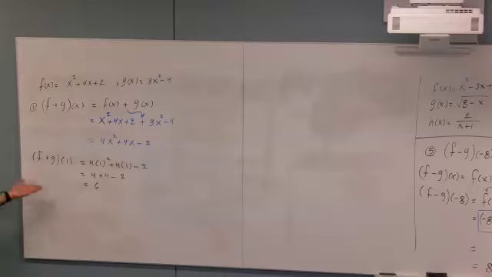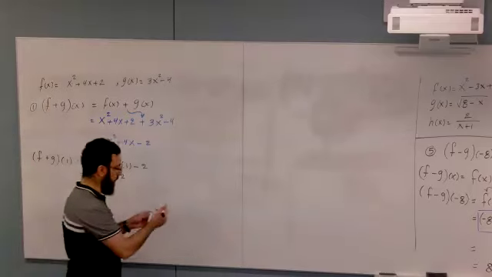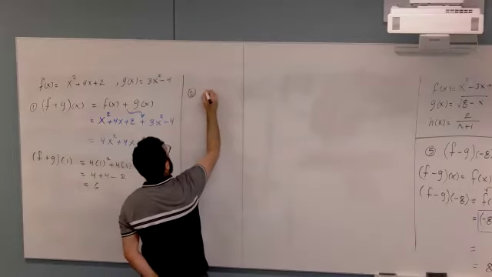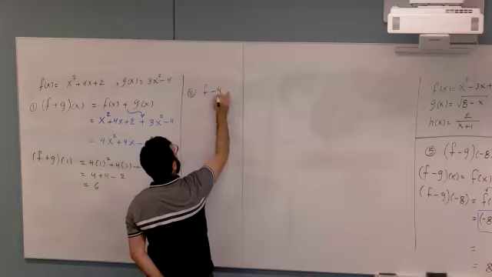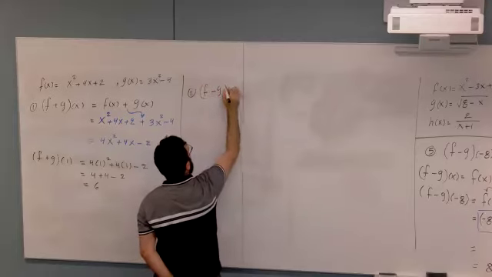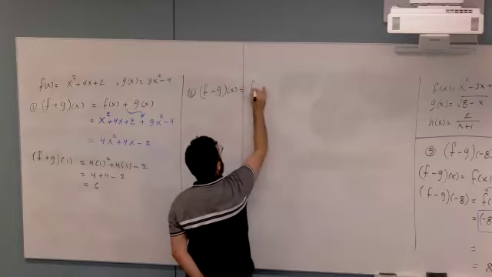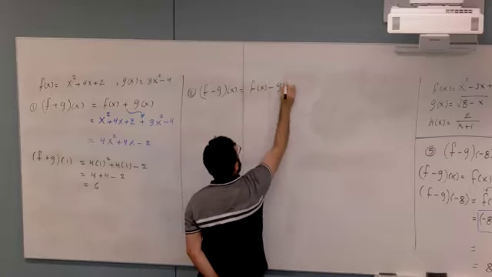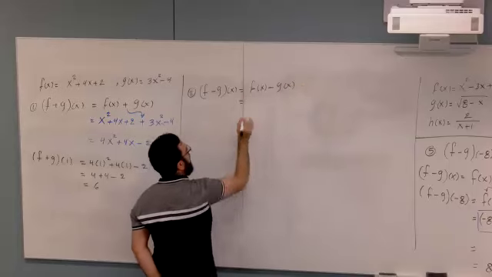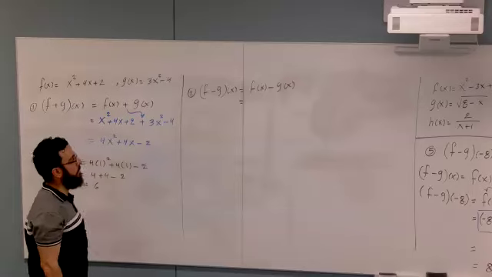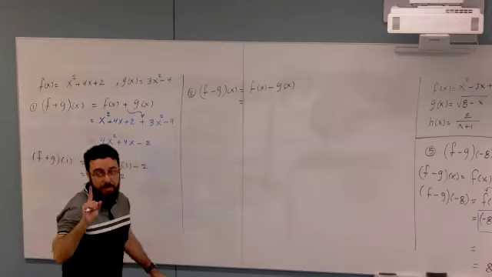Can I do the same thing with the same functions when it's minus? Like if I ask you, find f minus g of x. As a rule, it says f of x minus g of x. It's the same thing, but you have to be careful.